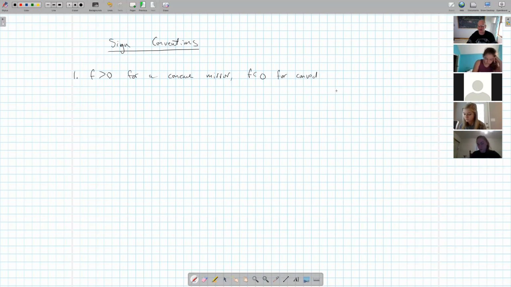Meaning that if it's on the left-hand side of the mirror, as we drew here, in front of the mirror, then this is going to be a positive focal length. Otherwise, it's negative.